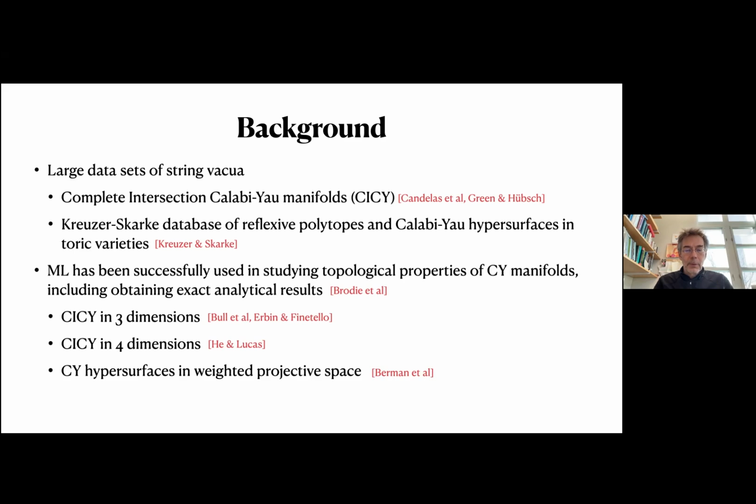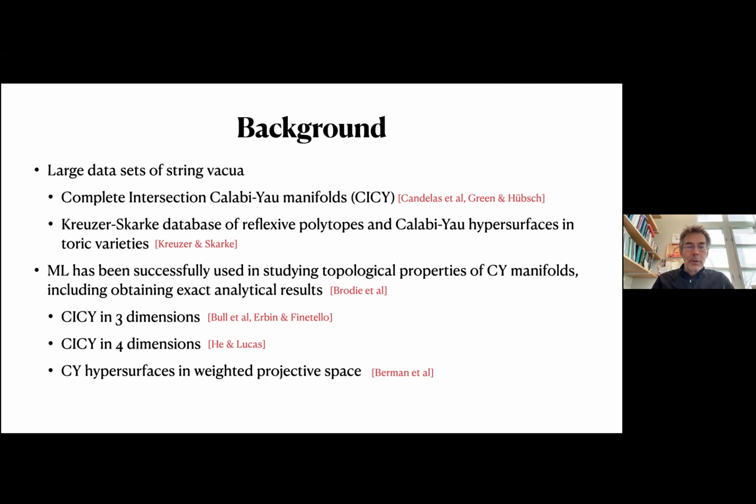Actually, I forgot this. The references here are somewhat sparse. There's also work by Urban and collaborators on the 4-dimensional case. And then very recently, in fact, we heard about this earlier this week, a paper that came out, I believe, just yesterday by Berglund et al., on learning Calabi-Yau hypersurfaces in weighted projective spaces.